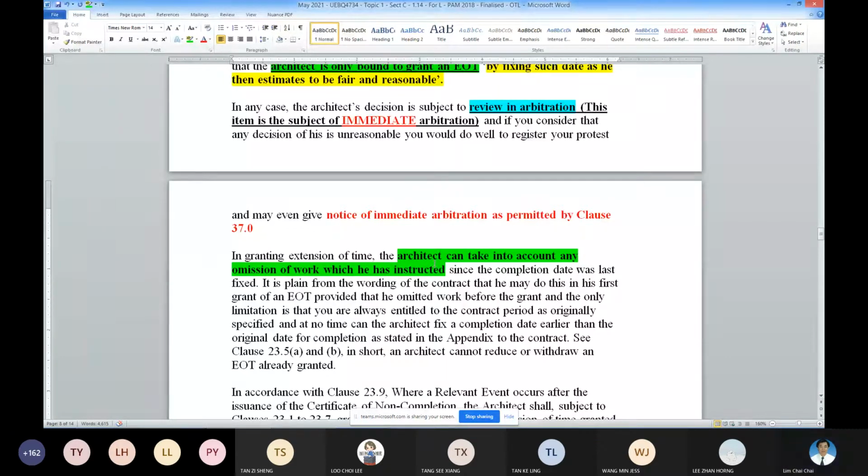Answer is not possible. This is the principle behind it. So the moment the contract is signed for 12 months, even though you omit half of the project, you cannot say, okay, 12 months is for this, half of it, then finish it in 6 months. Sorry, that common sense is not workable under the contract environment.